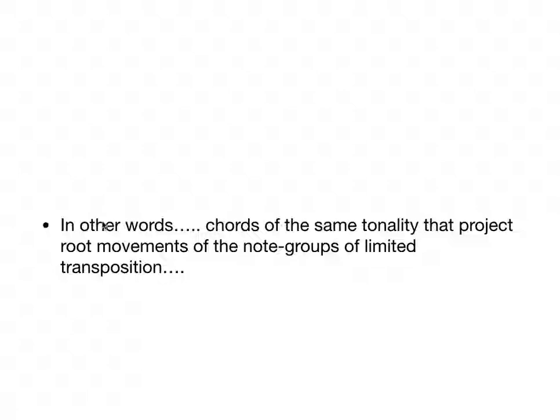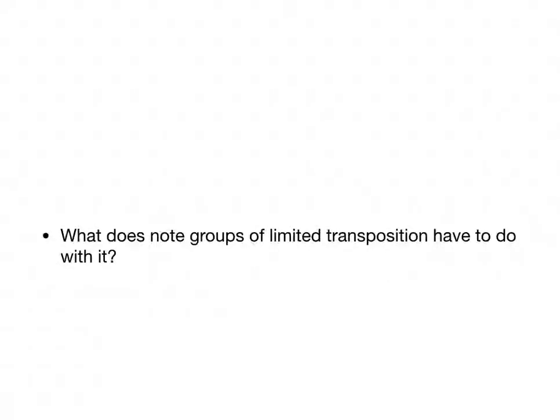Basically I look at this in the other video as well. So again, if any of this isn't making sense, go back and look at that introductory video, because it will help you understand it. But basically, what the modes of limited transposition are is they're essentially symmetrical groupings of notes. So what that does is it removes hierarchy.